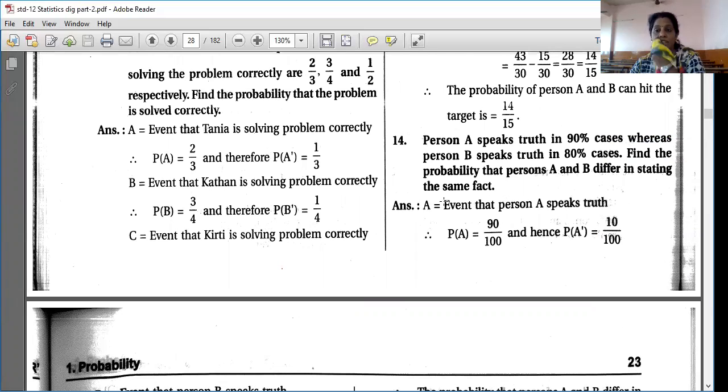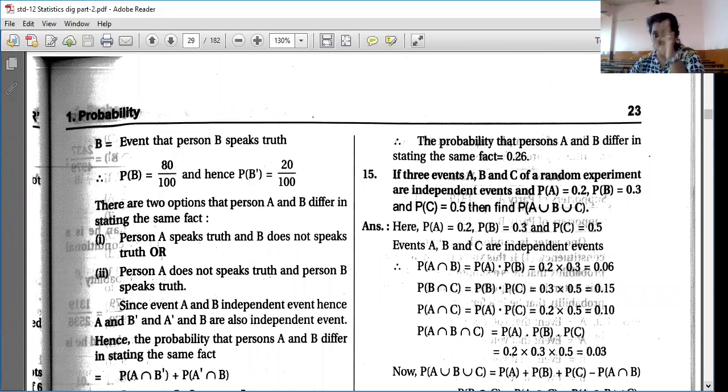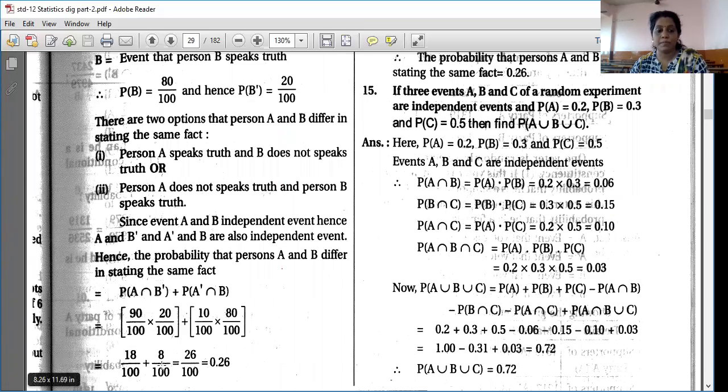Differ is said, so their statements will differ, so if A speaks the truth and B did not speak the truth, or if A did not speak the truth and B speaks the truth, it will be like this, right? Differ in statement, so it will come like this. So what will it be? P of A intersection B dash, since it is the negative word, B dash. P of A intersection B dash plus P of A dash intersection B, that is P of A into P of B dash.